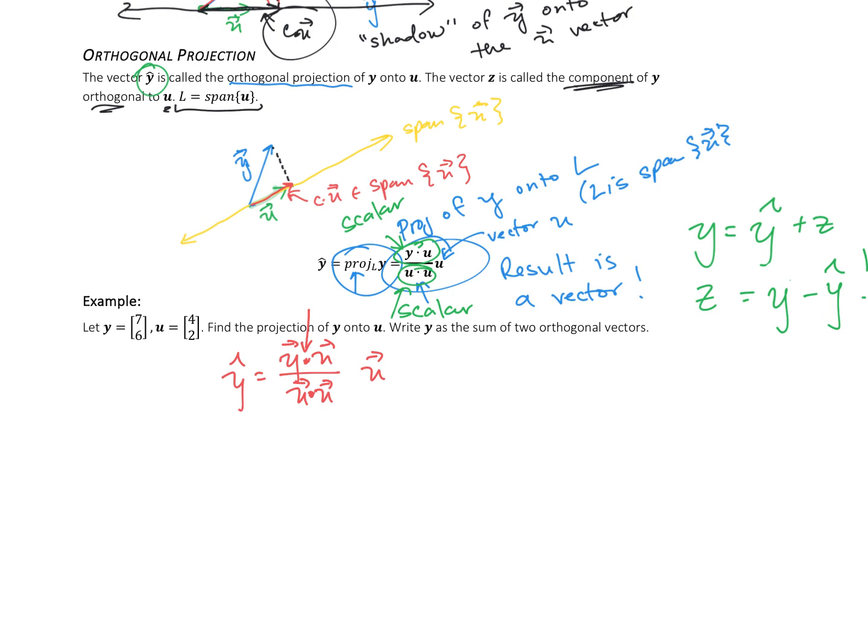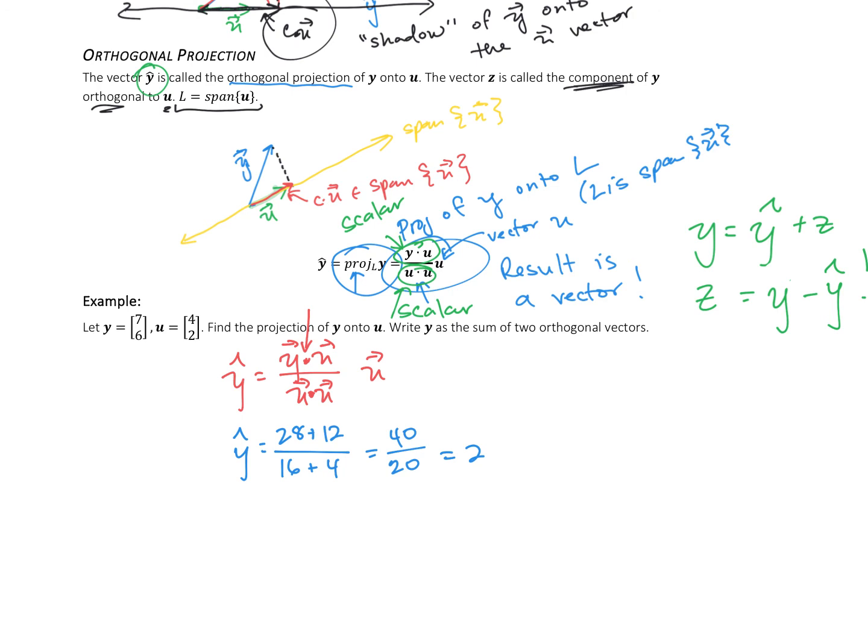y dotted with u. So y hat here is 7 times 4 is 28, plus 6 times 2 is 12, so 40, divided by u dotted with itself, so 4 squared is 16, plus 4 is 20, which gives 2.